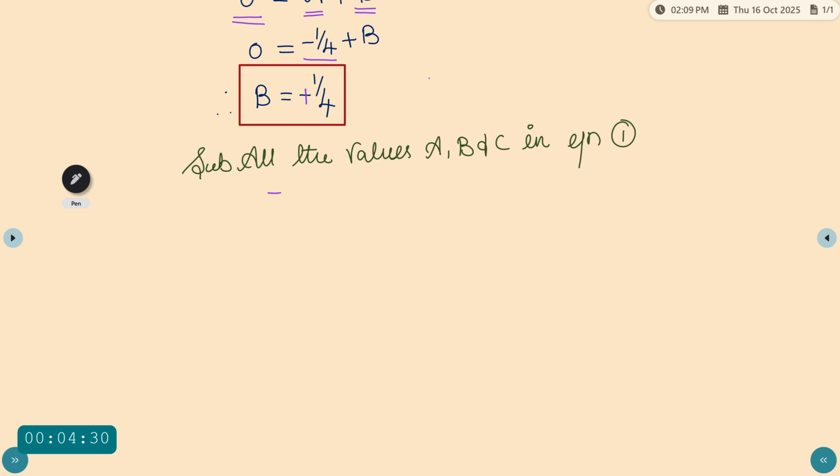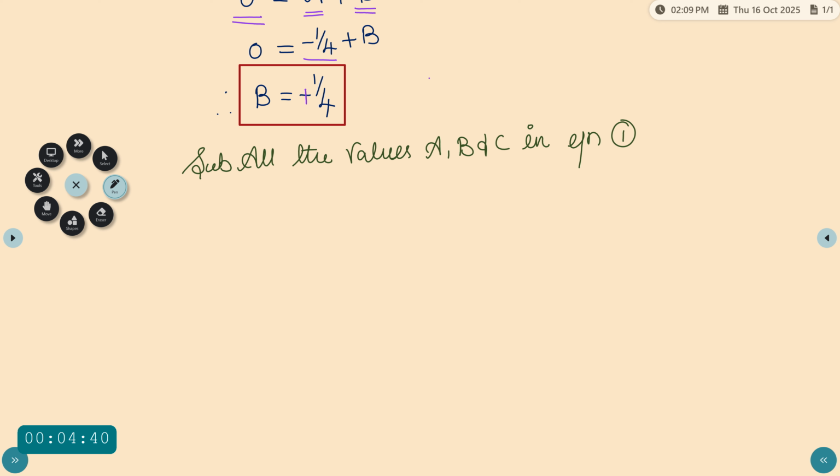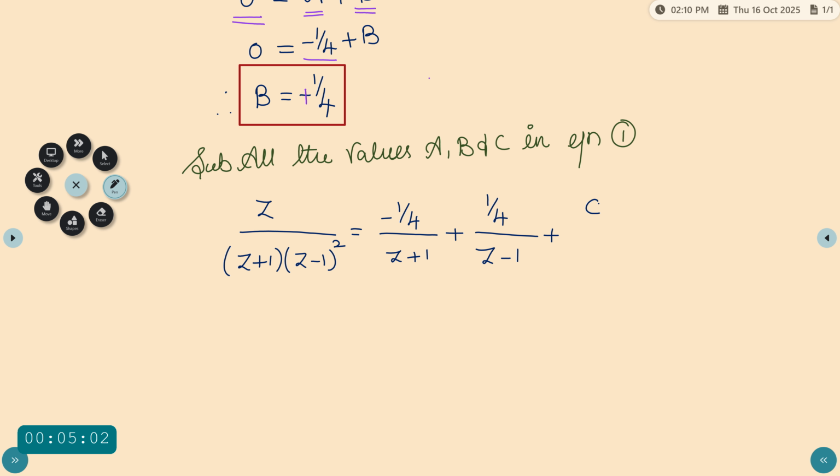The starting problem is z divided by z plus 1 times z minus 1 the whole square, which is equal to a value is minus 1 by 4 divided by z plus 1, and b value is 1 by 4 divided by z minus 1, and c value is 1 by 2 divided by z minus 1 the whole square.